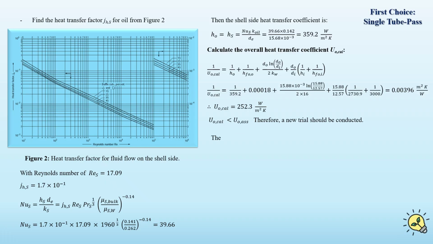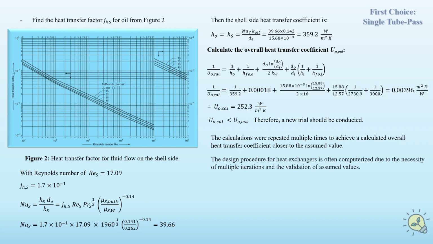Therefore, we have to repeat the calculation until we arrive at a value close enough to the assumed value. Of course, these calculations are usually presented in a computerized code, because it needs many iterations until we get the final approach between the assumed and calculated values.